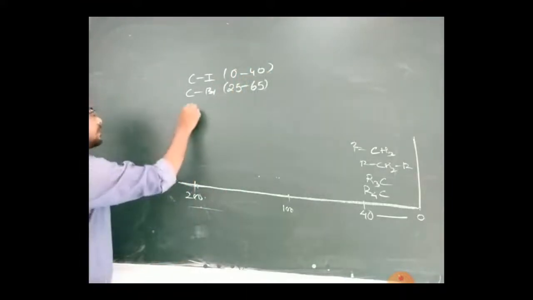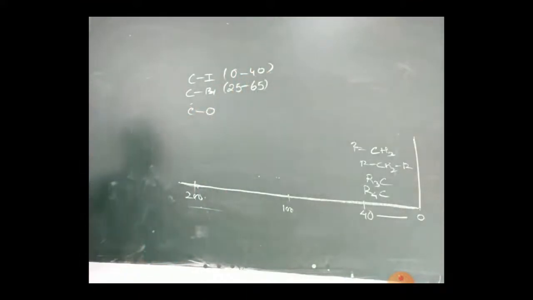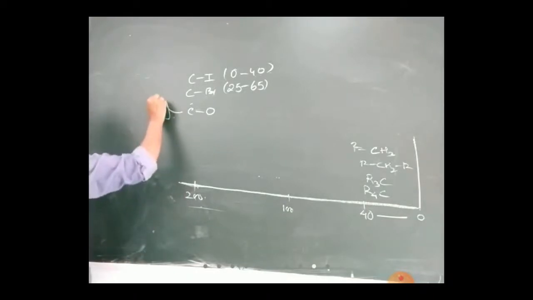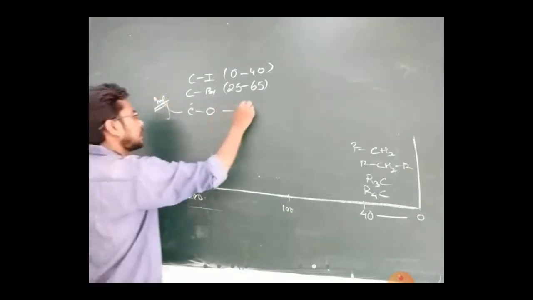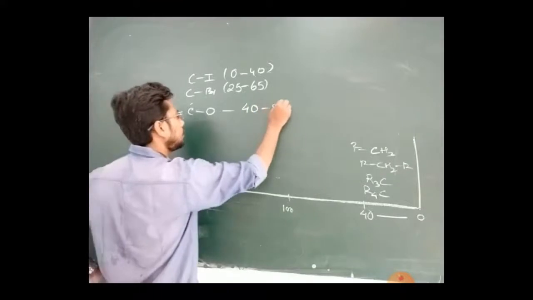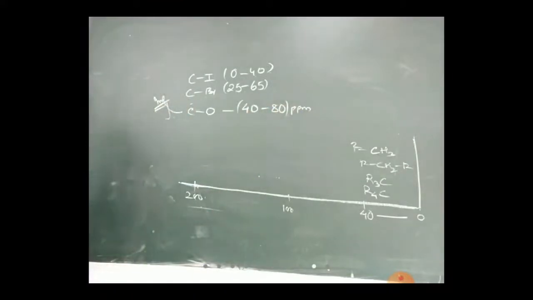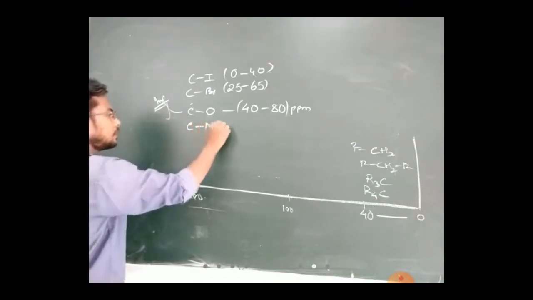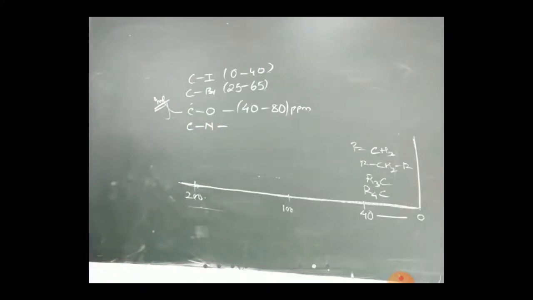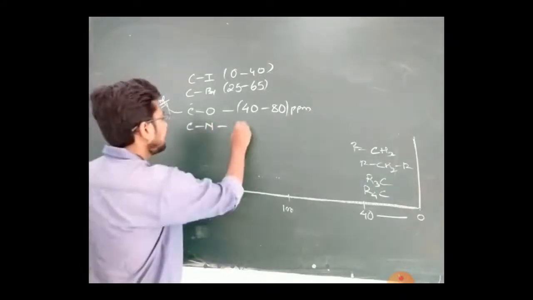Then any carbon attached to oxygen, this is very important, comes around 40 to 80 ppm. Then carbon attached to nitrogen appears in 30 to 65.